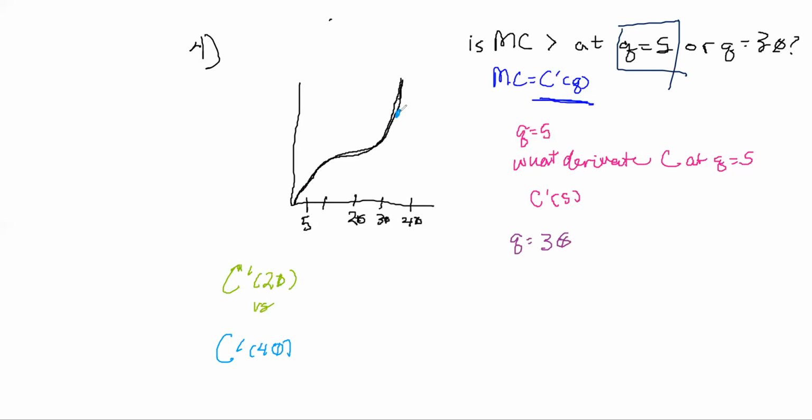So it looks something like that. Versus 20, which looks something like this. No, that's way too steep to be 20. It's much flatter than that. Something a little bit more like that. So obviously it'll be 40, and that's how you answer this problem.